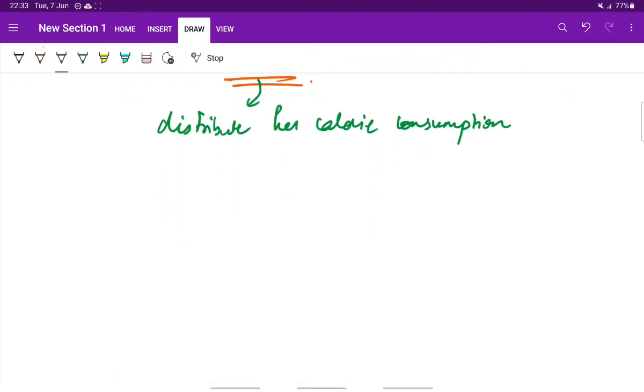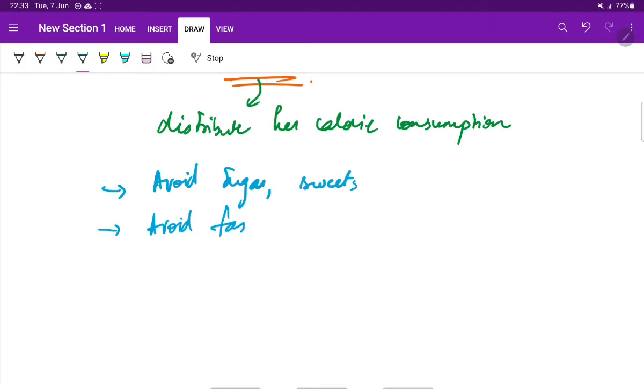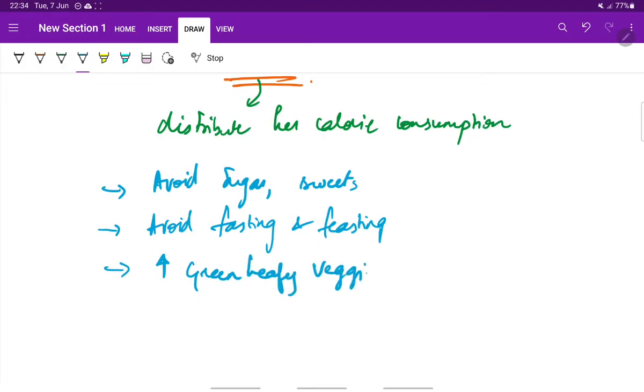So, in this meal plan, she should avoid sugars, sweets, etc., and avoid fasting as well as feasting. And then more green leafy vegetables should be added to the diet.